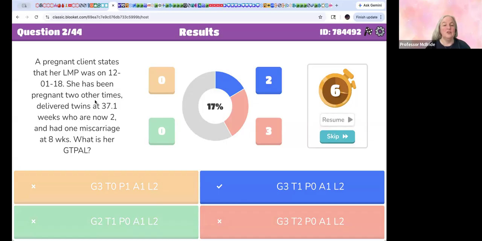So hold on. She's pregnant now, had the twins, had the miscarriage. That's a G3. One term delivery. The twins count as one. So those of you that picked red, it's really only T1, not T2.